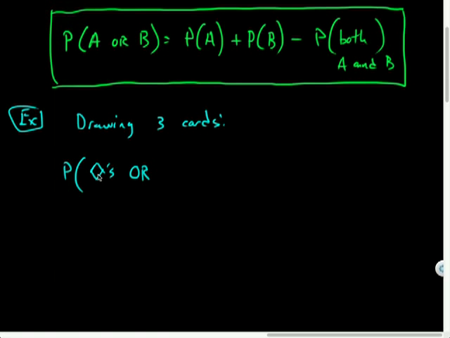So let's say I'm drawing diamonds or face cards. All right, all 3 diamonds or all 3 face cards is what I'm considering. So, first of all, are these events mutually exclusive or are they inclusive events? And how do you know that? Because a diamond face card exists, right?